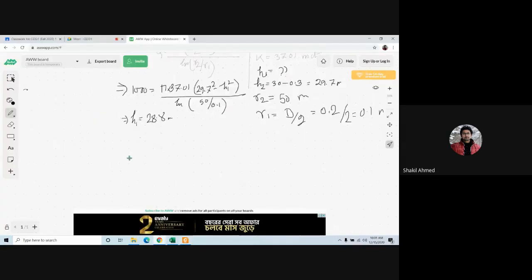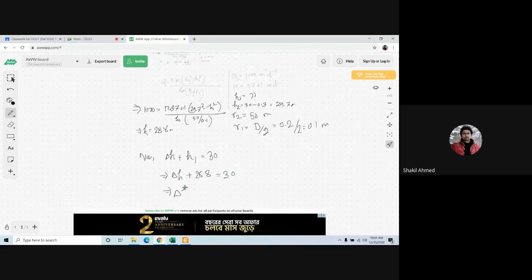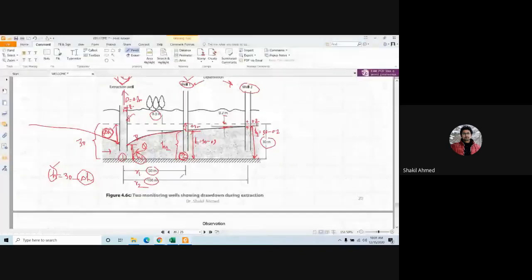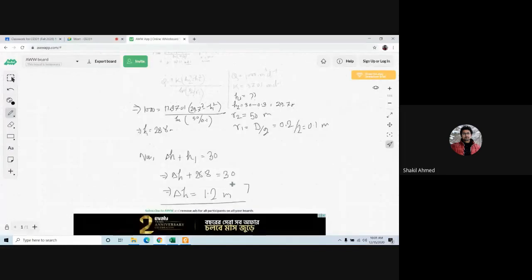So delta H plus 28.8 equals 30. So you can calculate delta H equals 1.2 meter. This is the drawdown at the well.